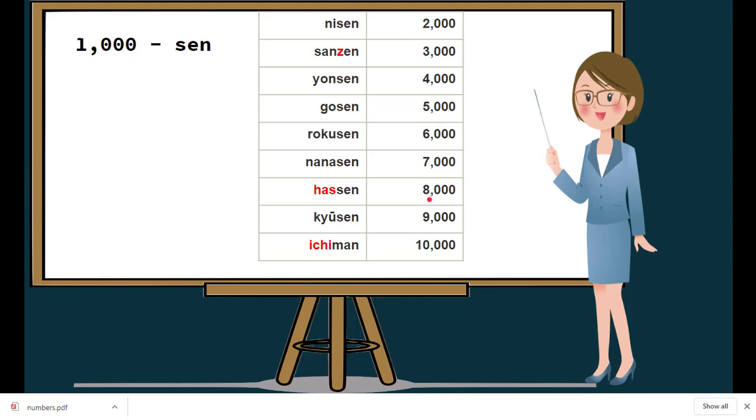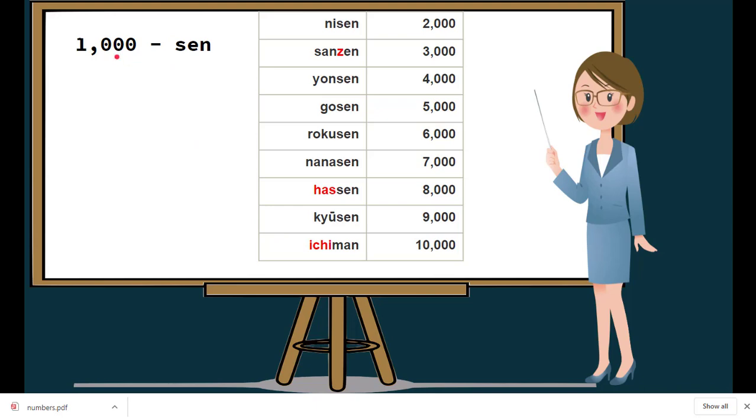For 8000, it will become has instead of hachi. So 8000 is hassen. 9000 is kyūsen. And 10,000 is ichiman. Let's count again and repeat after me.